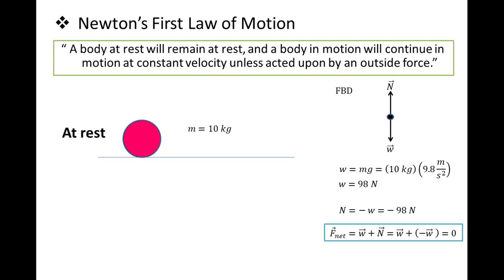Hence, the net force on the box is equal to zero. Let's clarify that it does not mean that there are no forces exerted on the box. There are forces acting on it, only that these forces are cancelled out, resulting in zero net force.